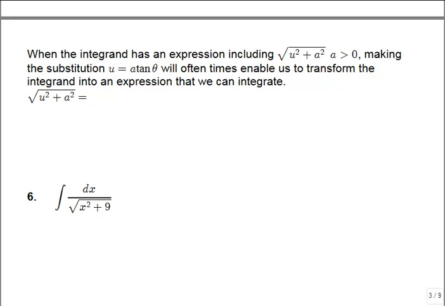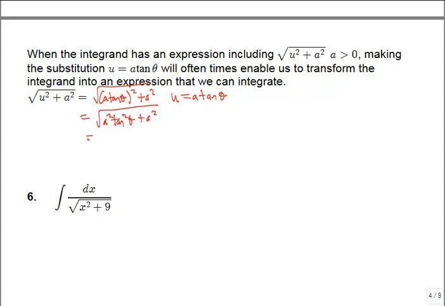So if you have any kind of an integral involving square root of u squared plus a squared, or your variable squared plus a constant squared, then the trig substitution that makes this manageable is to use u equals a tangent theta. So if we let u be a tan theta, then this would turn into a tan theta quantity squared plus a squared, which becomes a squared tan squared theta plus a squared.